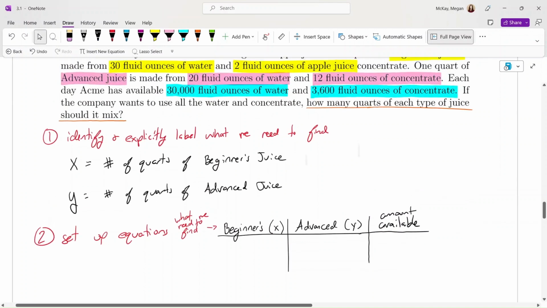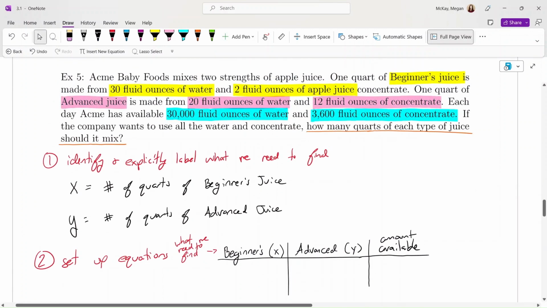So let's go back and look at our problem. What did we highlight? We highlighted that beginner's juice is made out of both water and apple juice. Advanced juice is also made out of water and apple juice concentrate. Those are the characteristics of beginner's juice and advanced juice.